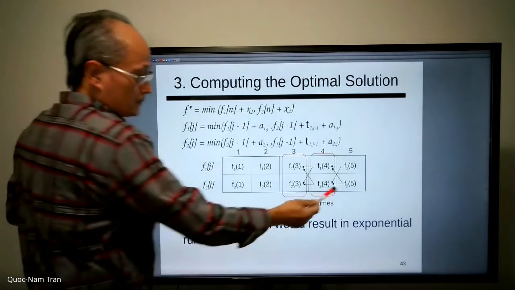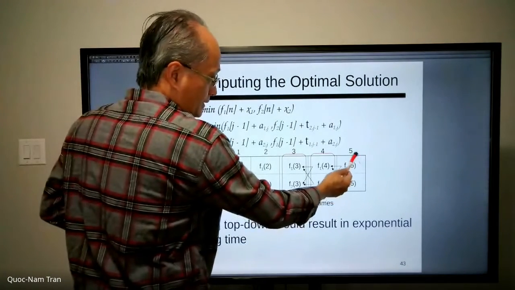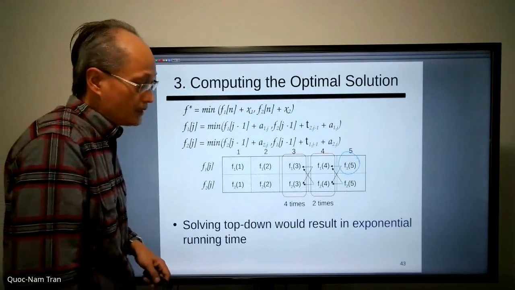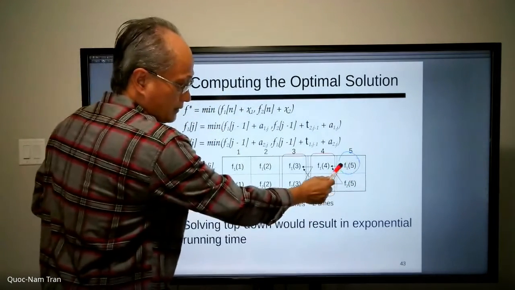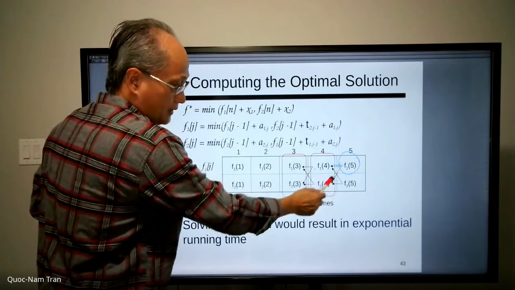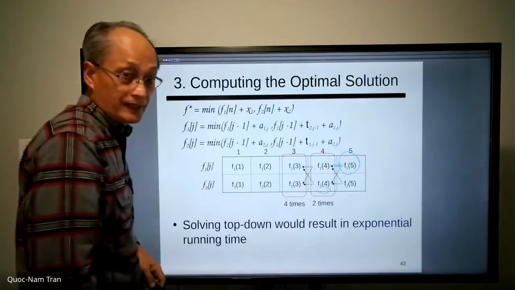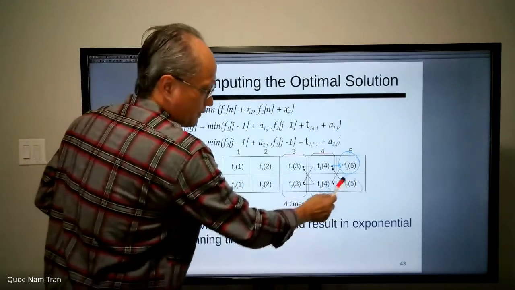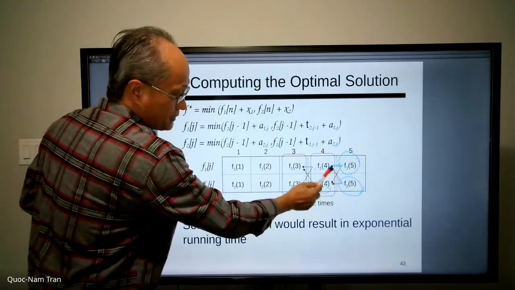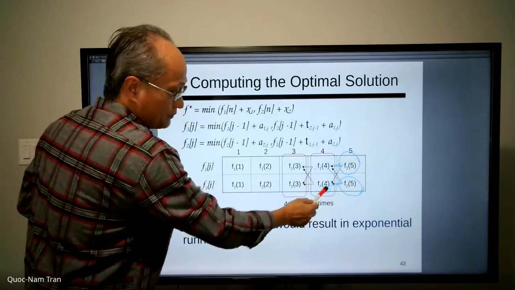In order to find the best way to reach the fifth station, we go with F14 and then F24. Same thing, F25 will be calculated using F14 and F24.